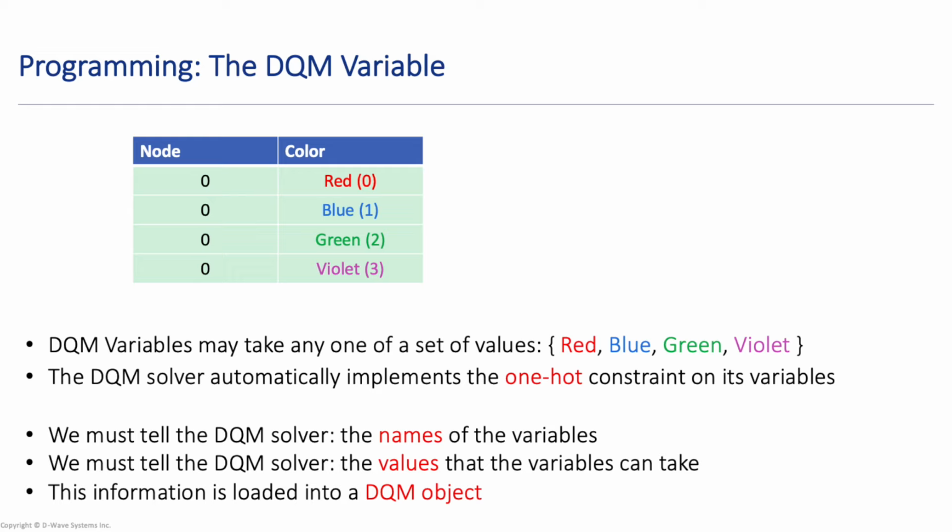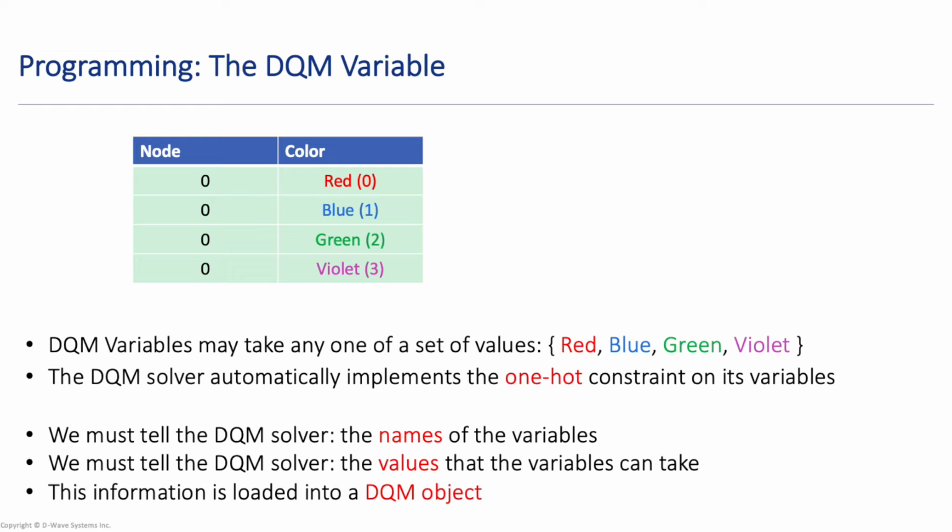So for example, in this case, if we want to write a program for graph partitioning, node 0 can have one of 4 colors: red, blue, green, or violet. You can think of this as an enum or defined over a set, however you like to. But the main point is that we're not in binary variables any longer. This is defined over a set, and it's a DQM variable.